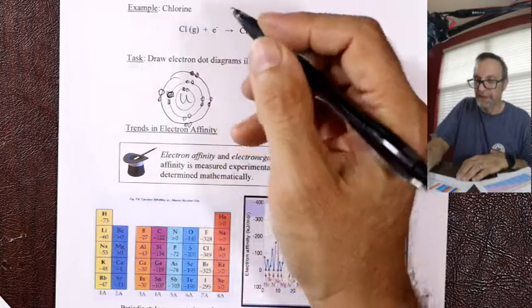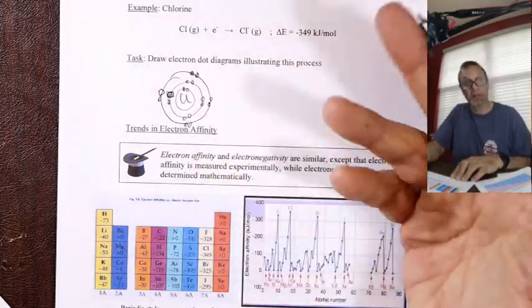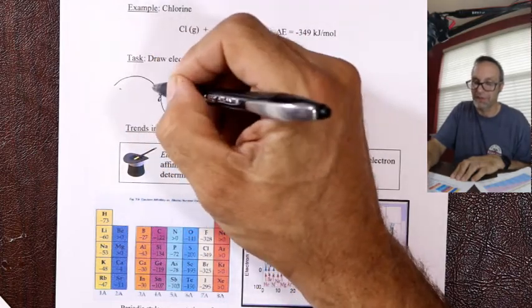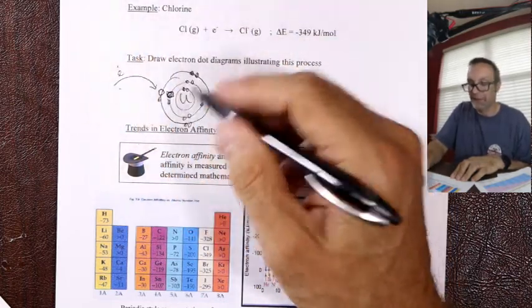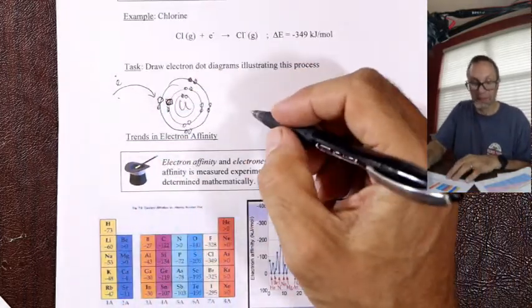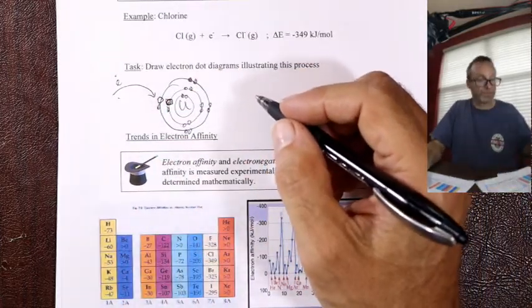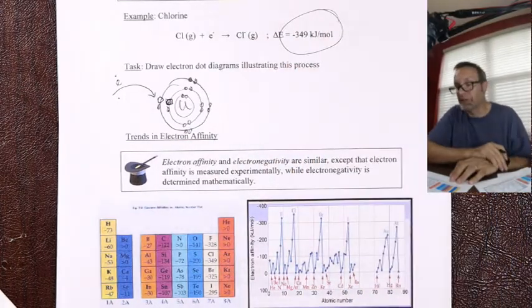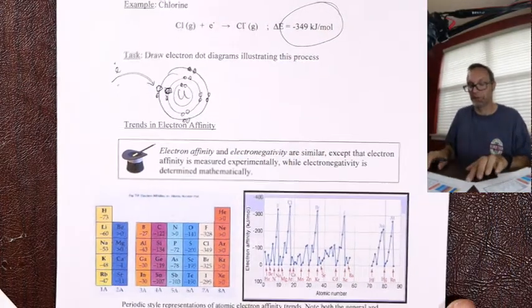There's my empty spot. So chlorine has an effective nuclear charge of +7 and an empty spot right there, so that electron can just come and sit in there. When it does so, it fills that layer, it's attractive, and you get a release of energy of 349 kilojoules per mole.